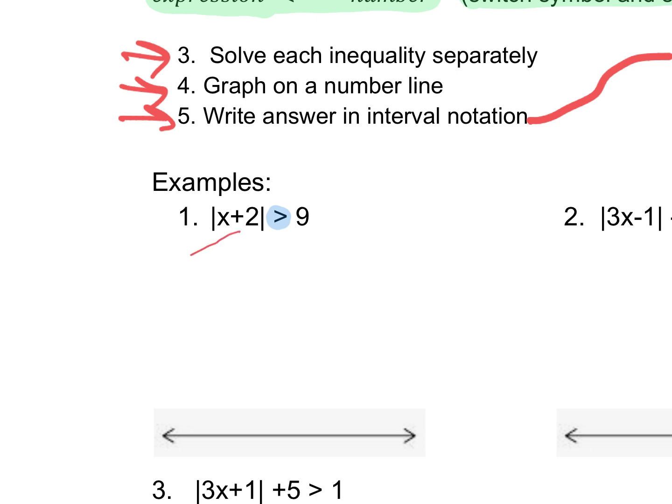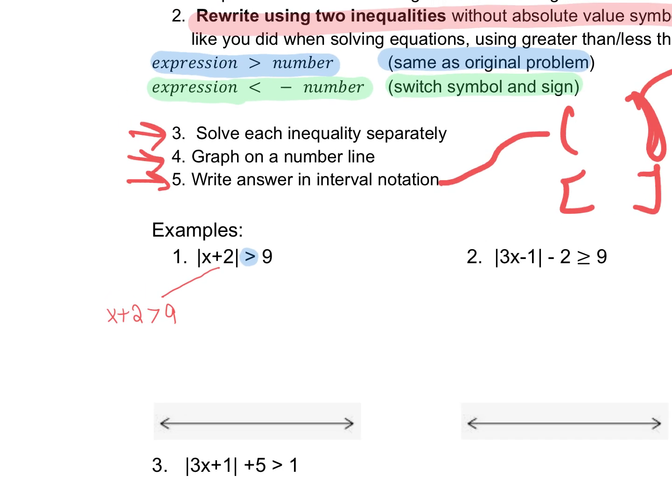My first inequality is x plus 2 is greater than 9. That's the blue one we have up here: the expression x plus 2 is greater than our number, which is 9. The second one is x plus 2, switch the symbol, switch the sign, less than -9.